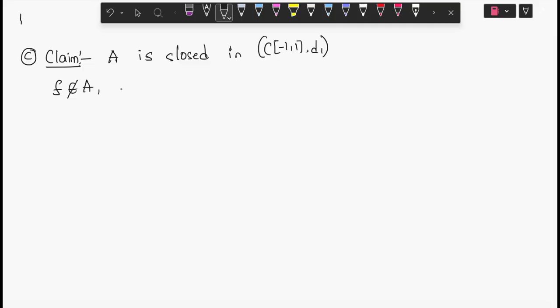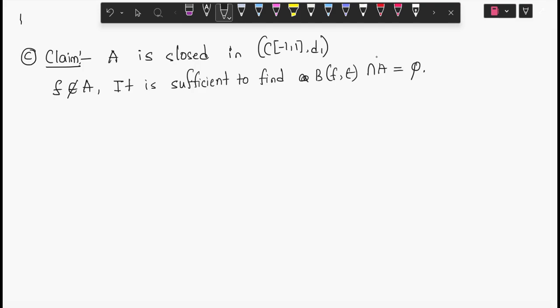Hence it is sufficient to find some epsilon such that B(f, epsilon) intersection A is equal to empty set.